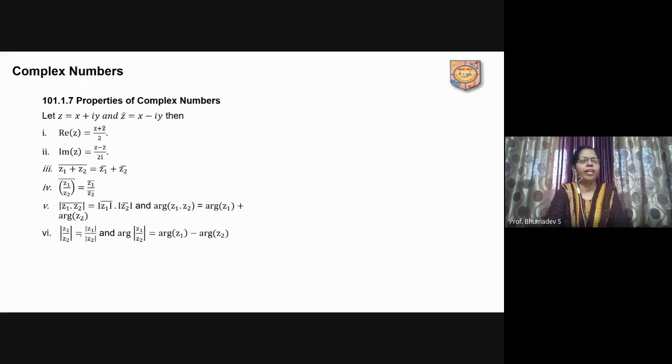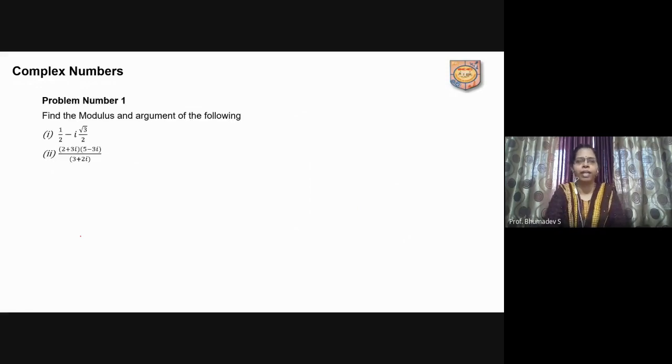The same way, the modulus of z1 upon z2 can be written as modulus of z1 upon modulus of z2, and the argument of z1 upon z2 can be written as argument of z1 minus argument of z2. Whenever multiplication is coming, the arguments should be added. Whenever division is coming, the arguments should be subtracted from each other. You will see that in the exponential representation of the complex number in a convenient way.